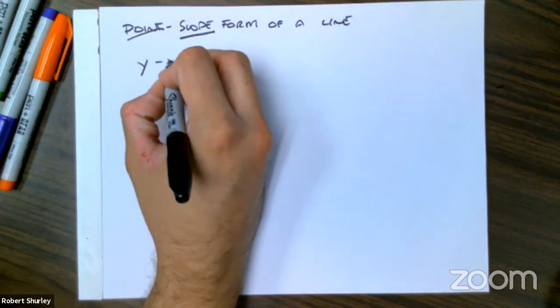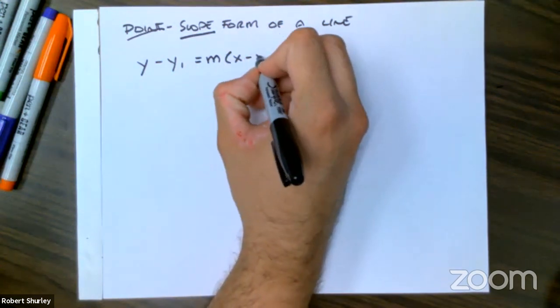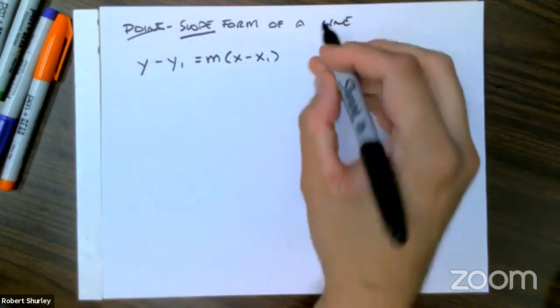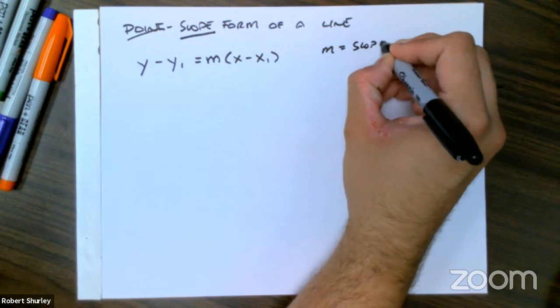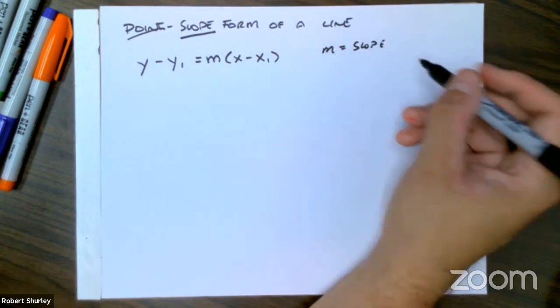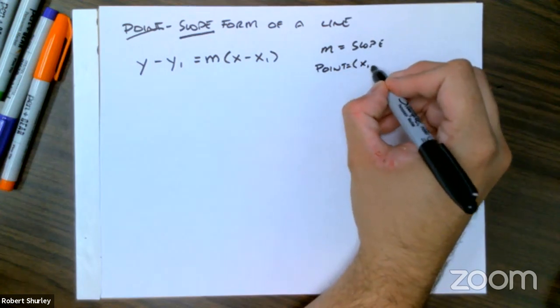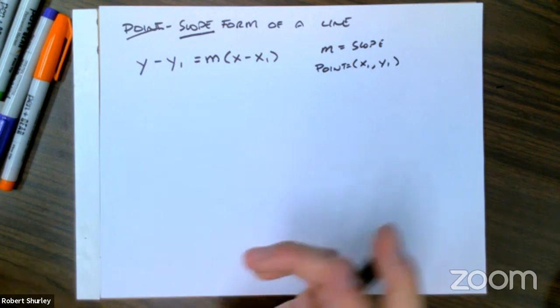So y minus y1 equals m times x minus x1. Okay, that's what this looks like. Now, the m is exactly what we had before. It's just the slope. But we also have a point, and that's going to be x1, y1.